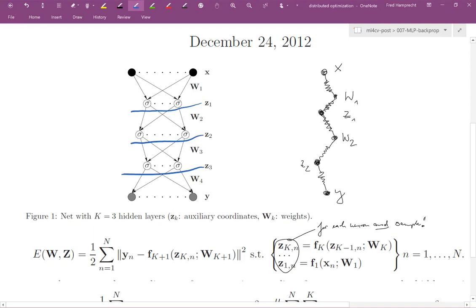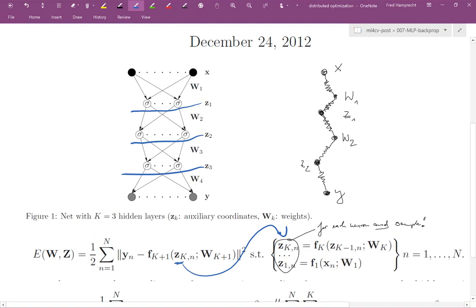So f_{k+1} is the prediction that I obtain by using the output Z of the previous layer and applying this linear operator W. But the output of the previous layer is now defined recursively as a function of the intermediate variables in the previous layer and so on up to the very first layer.